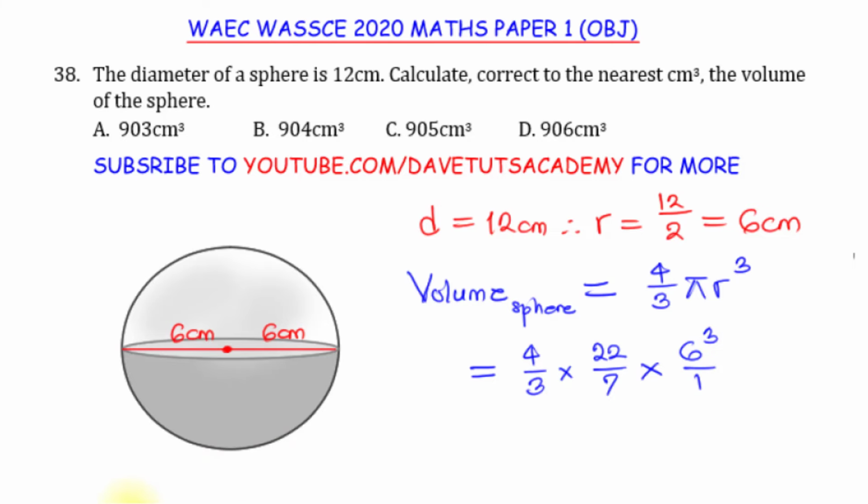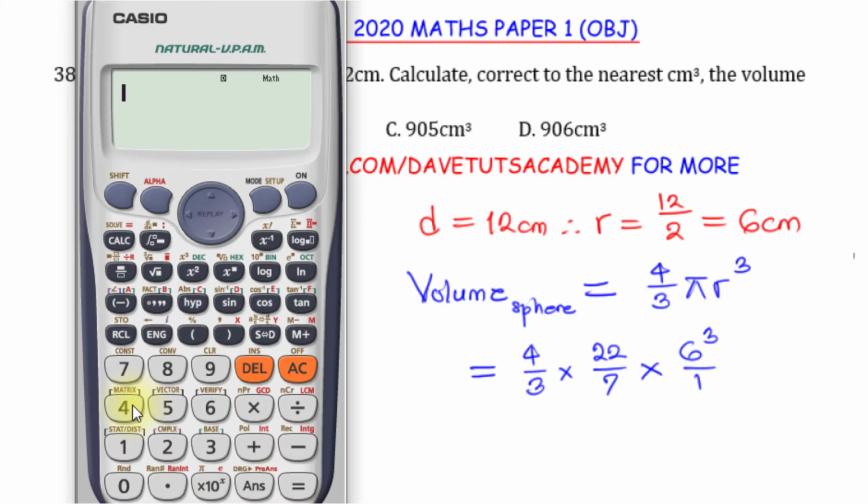So we can put that into the calculator and say this is 4 over 3 multiplied by 22 over 7, then multiply by 6 in 3 places. Alright, so this is expressed in decimal places.